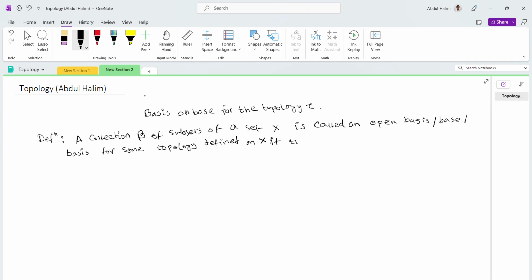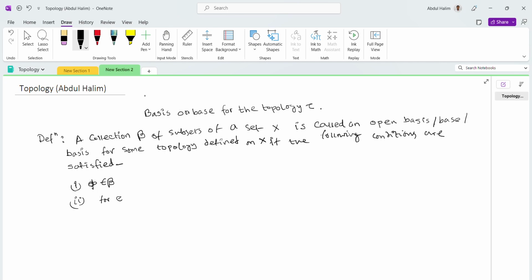If the following conditions are satisfied. Which are the conditions? Number 1, phi, the null set, belongs to the collection beta.